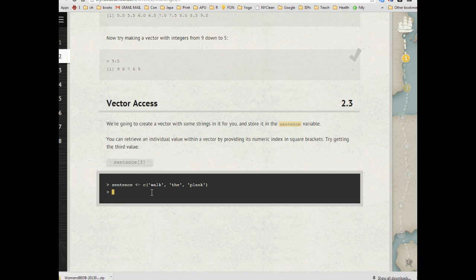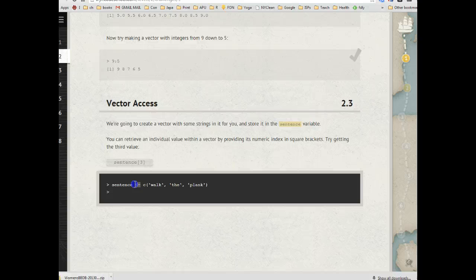Now, here they say, we're going to create a vector with some strings in it for you and store it in the sentence variable. So we're going to remember this here. What does that mean here? That's the assignment operator, it's called.